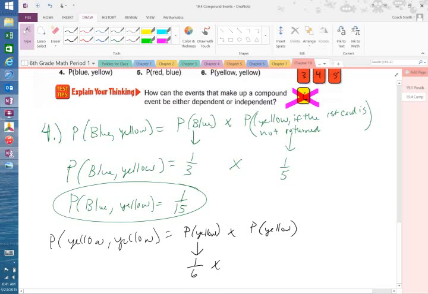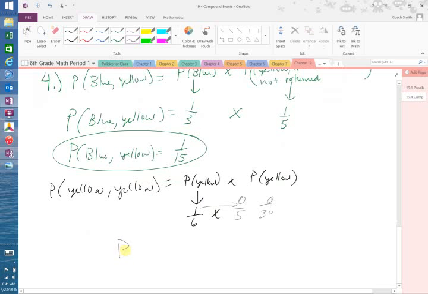What is the probability that the second one will be yellow? 0 over 5. Well, what is 1 times 0? What's 6 times 5? 0 over 30 is the probability of yellow. Can't happen.